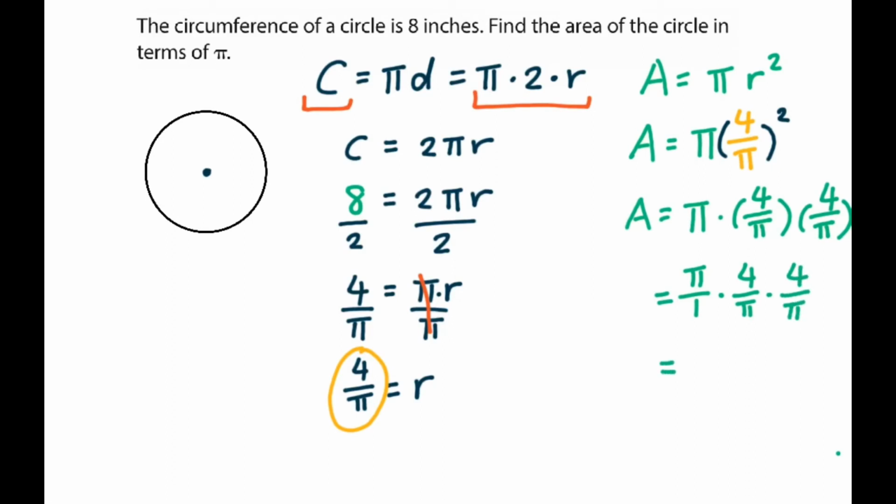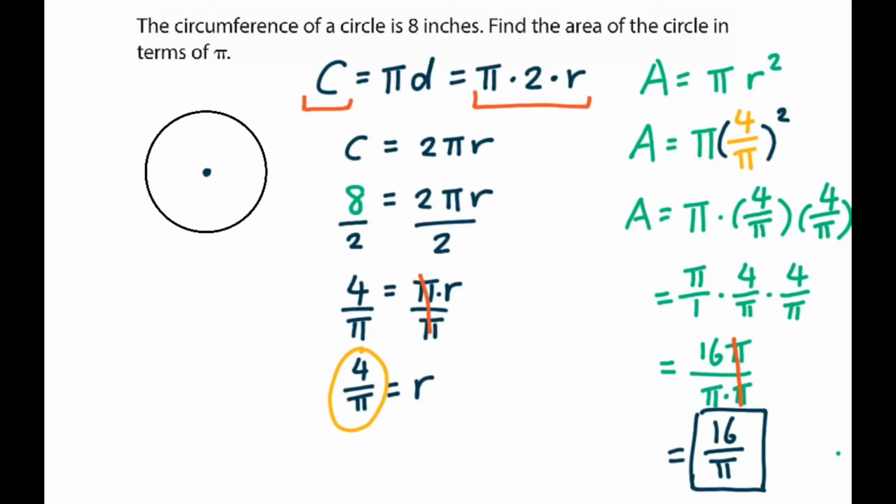For the top, we get 16 pi. For the bottom, we get pi times pi, or pi squared. We want to leave it as pi times pi, because that way you can cross out the pi over pi, because it gives you 1. So your final answer is 16 over pi, and that is the answer to this problem.